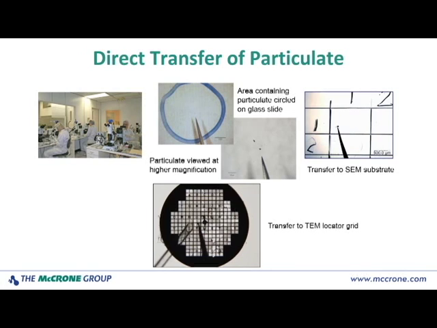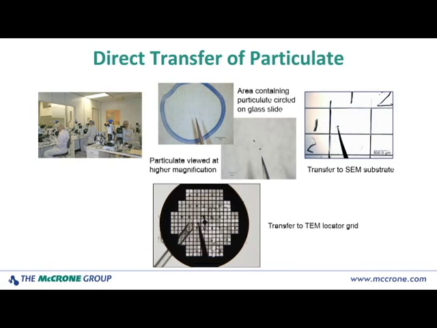A blue area has been circled, and there's particulate in the center of that circle that is of interest. At higher magnification, you see the end of a very fine tungsten needle, and the microscopist is using that needle to pick up that particulate, after which it's going to be transferred either to a scribed SEM substrate, as you see on the right, or at the bottom we see a TEM locator grid.